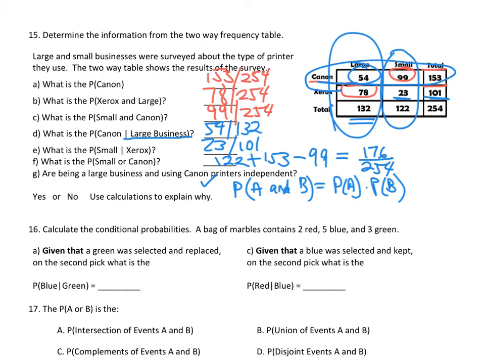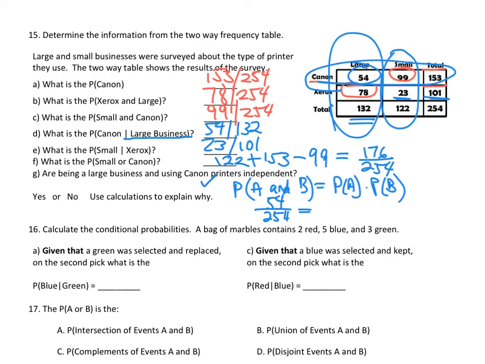Okay, so the probability of A and B happening. So in that case, large business and Canon is, I'm sorry, is 54. It's 54 out of the total 254. So that's the probability of both things happening.